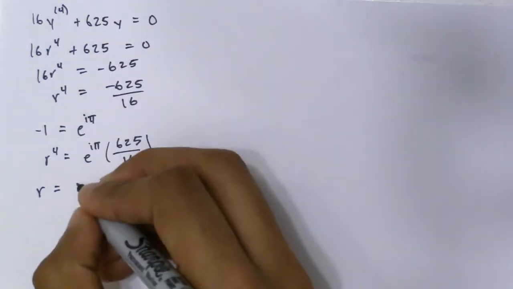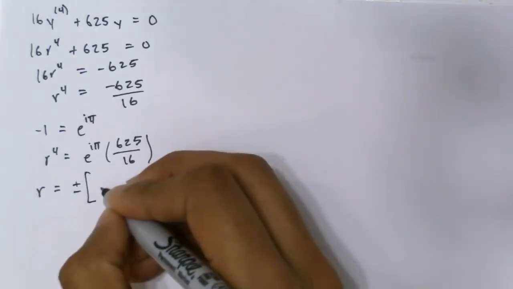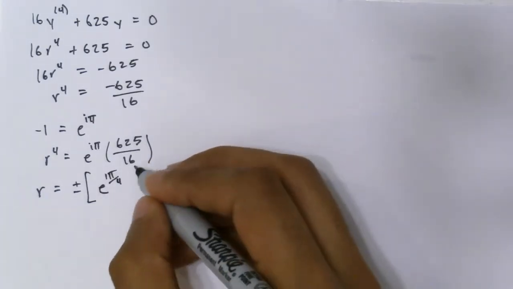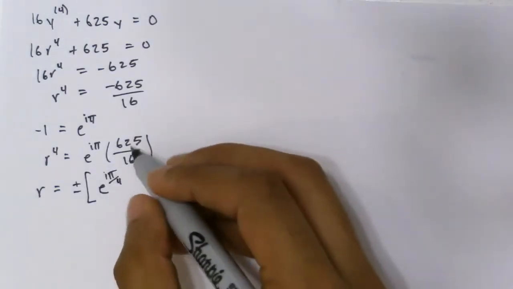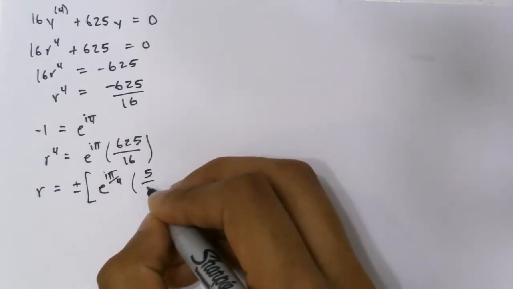So we go plus or minus, I guess I'll put brackets, e to the i pi over 4, and then the fourth root of this is quite simply 5 over 2.